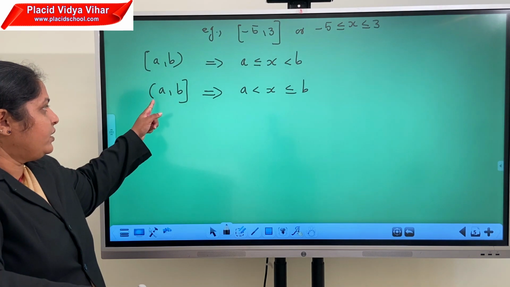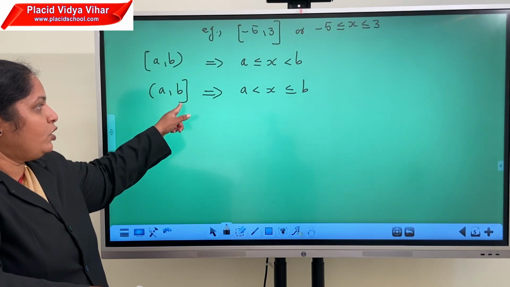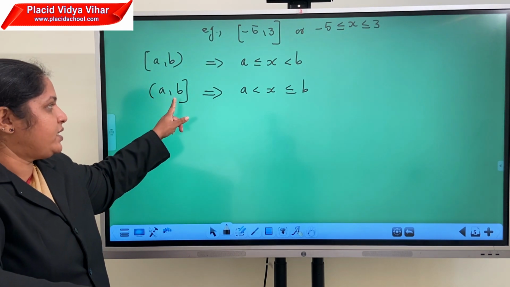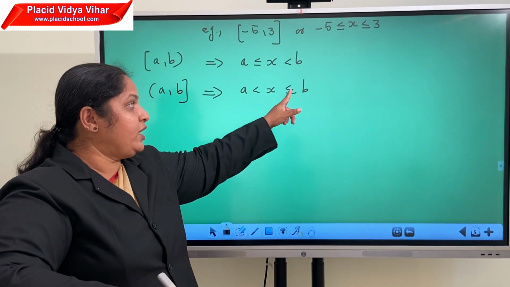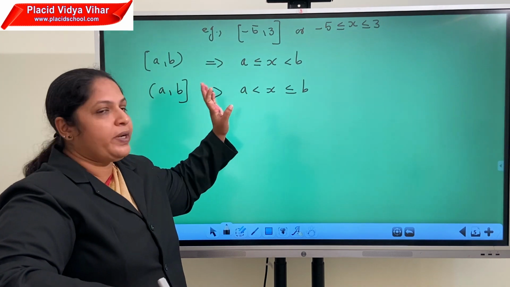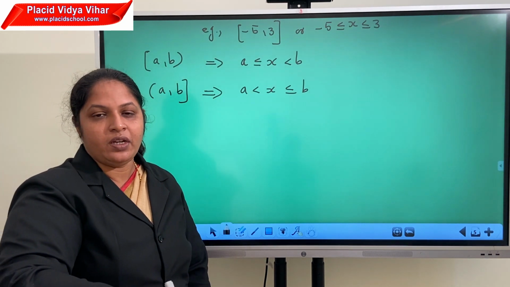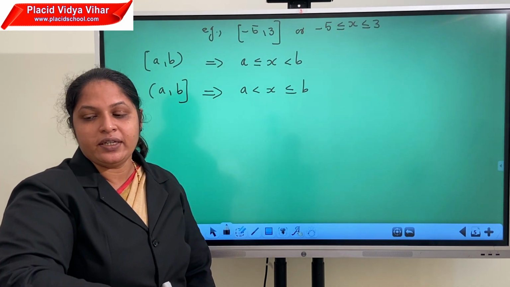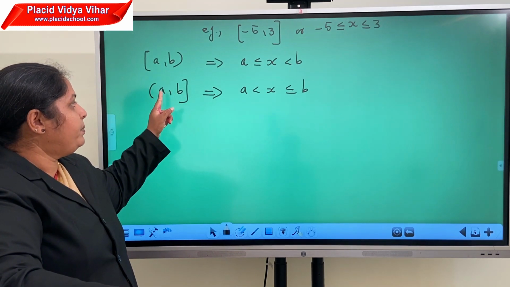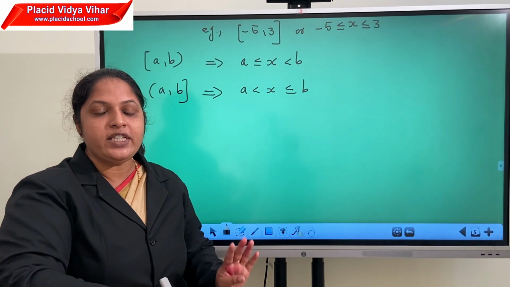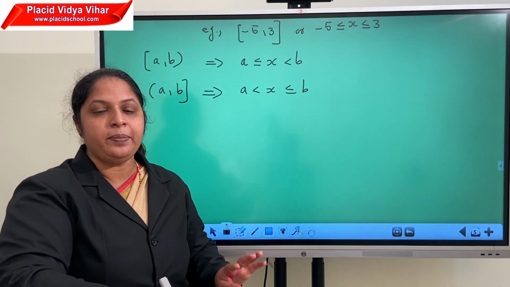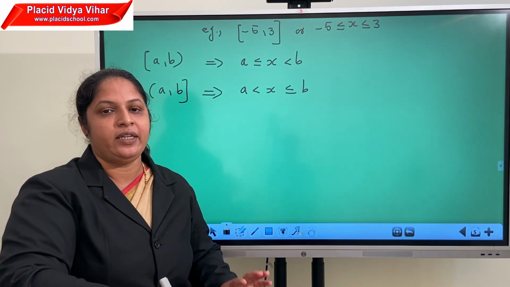Then the second one, a comma b with the closed bracket. Here it is the simple bracket on the left, which can be denoted as a less than x less than or equal to b. This is a half-open interval from a to b, including b but excluding a. All these four types of intervals can be represented on a number line.